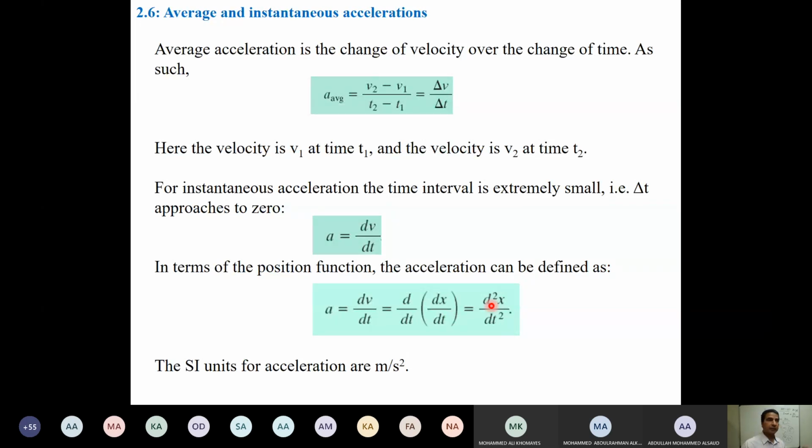So instead of taking the derivative of the displacement 1 time, you need to take it 1 more time. And then that will give you the instantaneous acceleration in this situation.